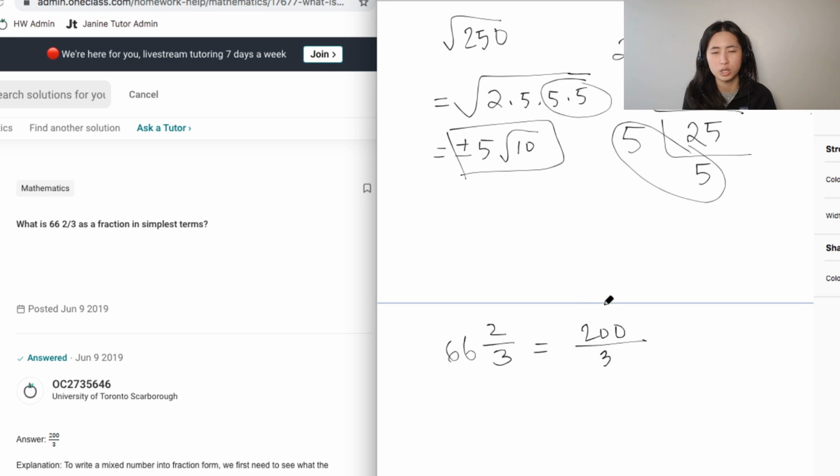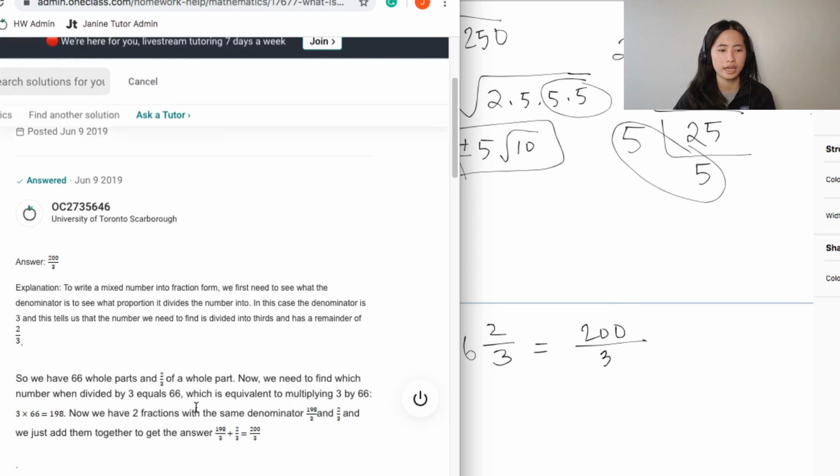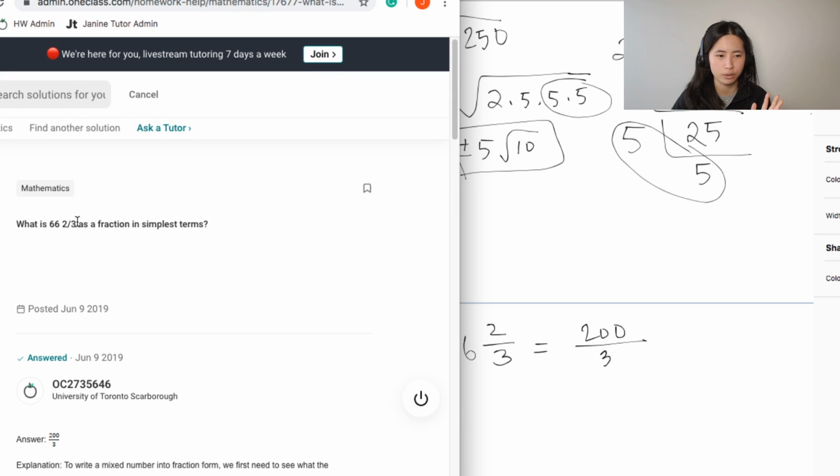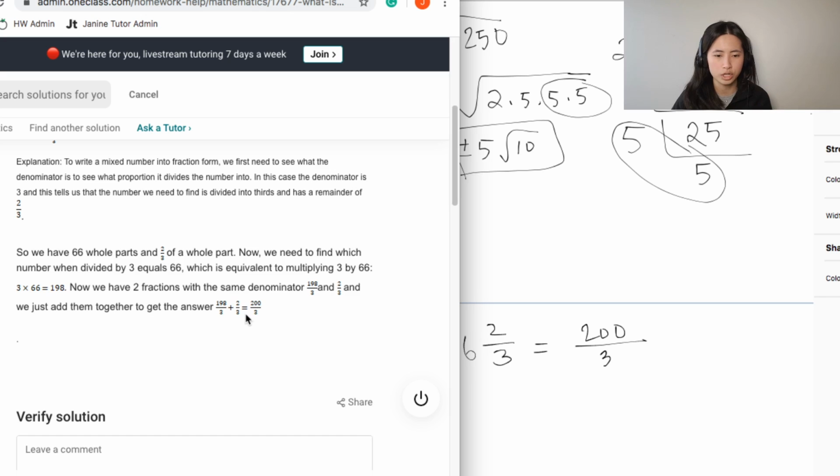So it's going to be 200 over 3. As you can see, you cannot simplify 200 over 3, or in other words, there's no other number that is divisible into both except 1. Therefore, you cannot simplify 200 over 3 any further. So in simplest terms, you can say that this is simplified already, or 200 over 3.